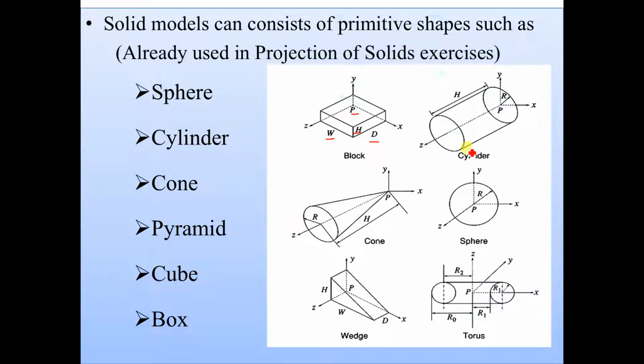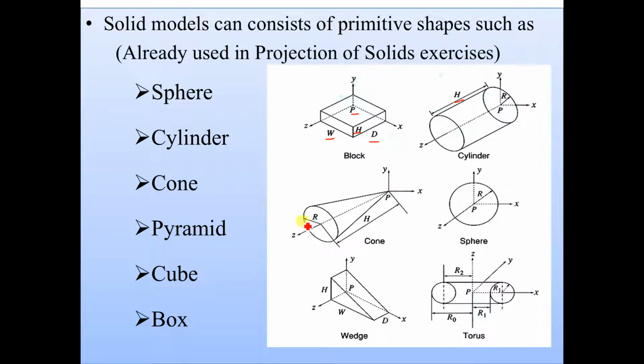When you take the cylinder primitive, its geometry is defined by radius or diameter, the same point P as its origin, and the length denoted by letter H, which is usually taken along the Z axis. This H can be positive or negative.